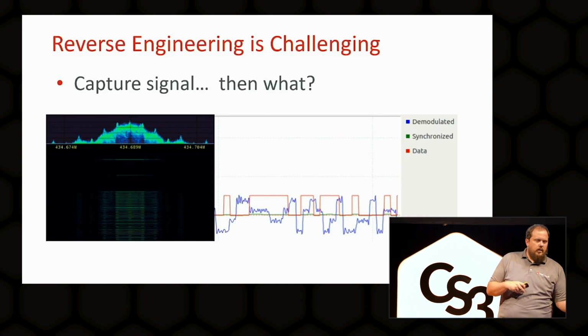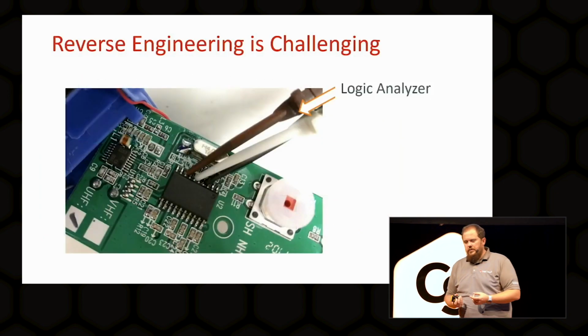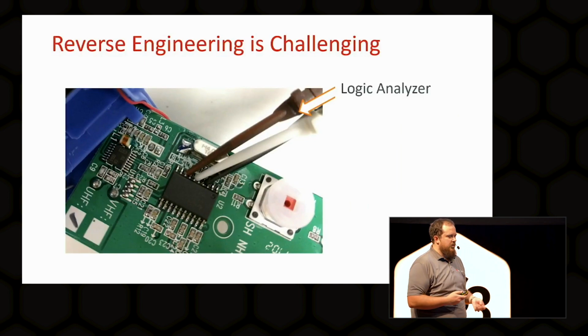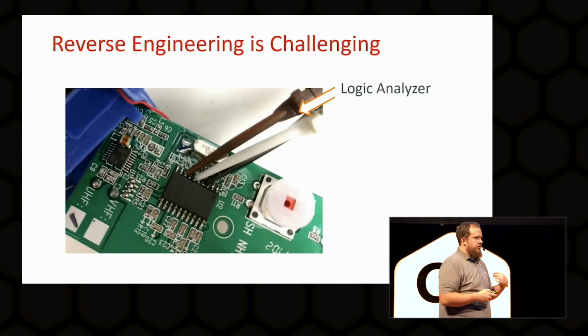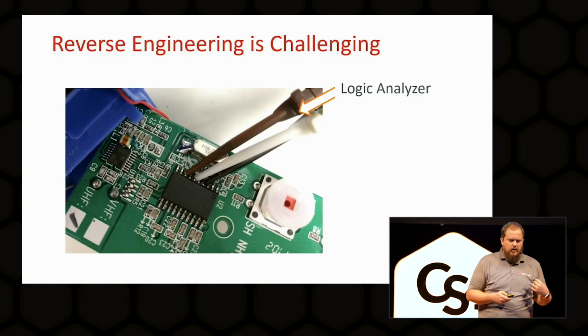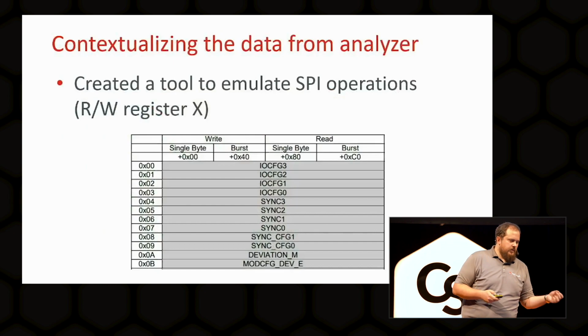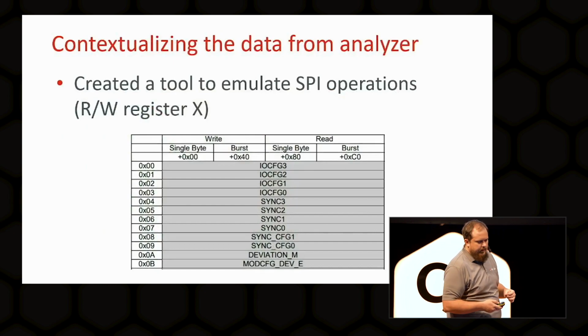This is where we developed a tool set that with a logic analyzer attaching to SPI, we could pull the messages out of the chip and see what the signals were looking like. So we created a tool, as I said, that emulates the SPI operations.